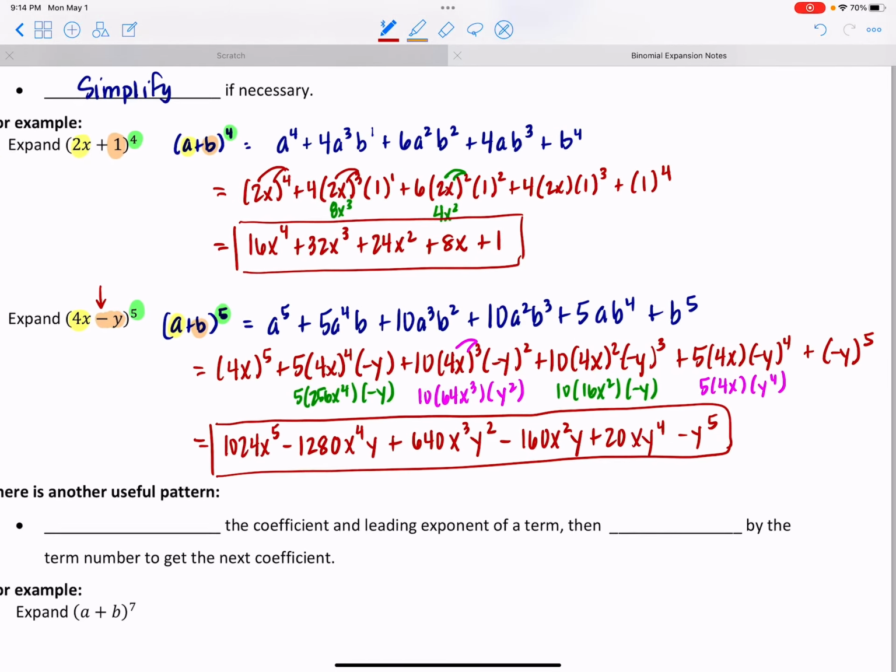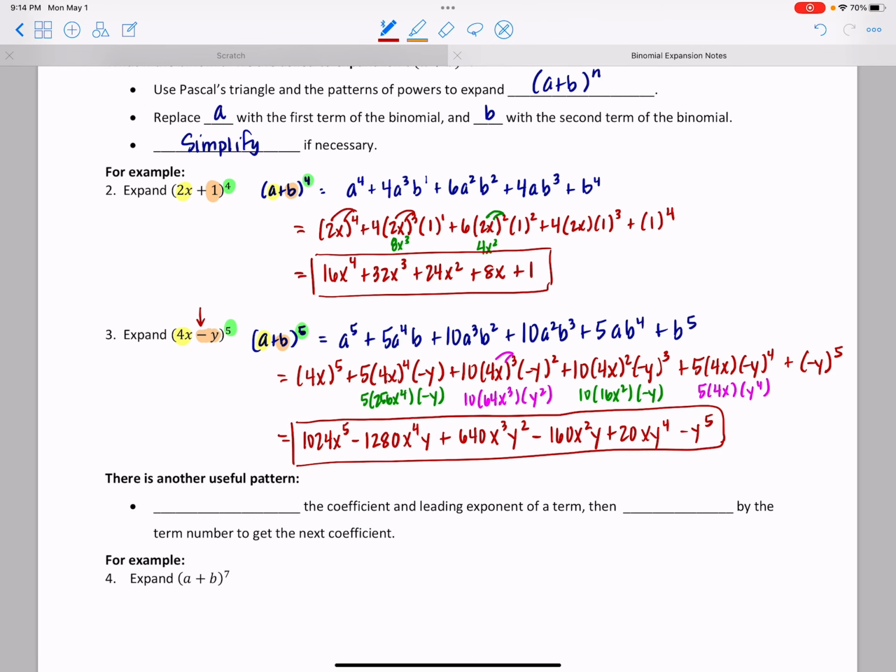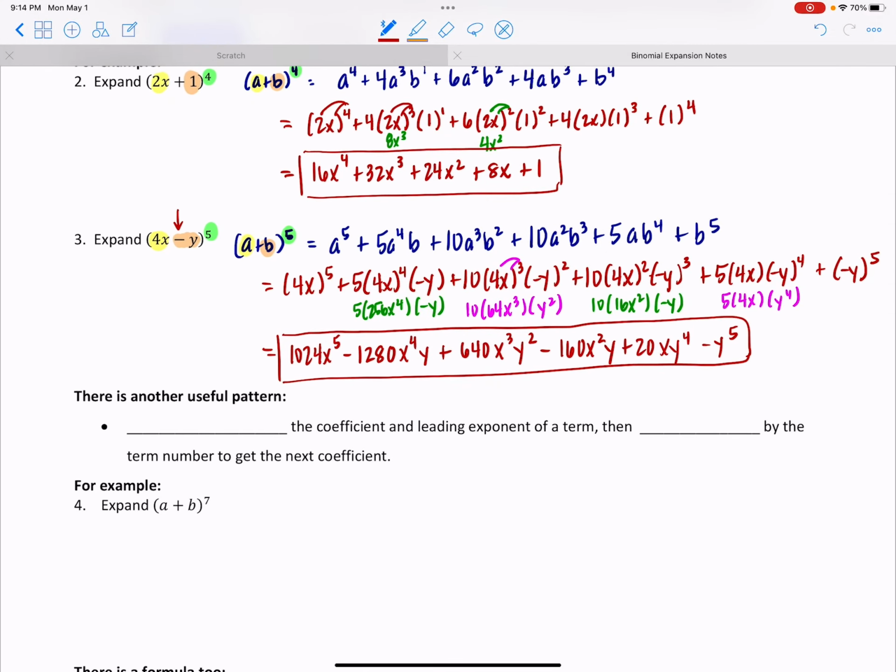Okay, so not necessarily difficult work, but you do have to be careful with your signs and your calculations there. But in any case, I still think this would be easier than actually multiplying out these binomials by themselves 5 times. And you maybe disagree. Maybe you want to take the longer path, but yeah, it's an option, okay?